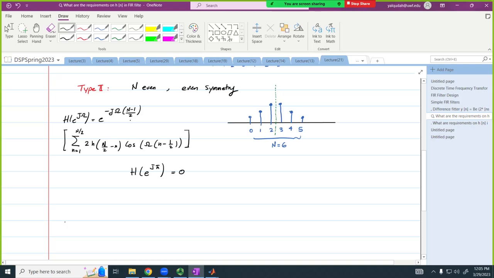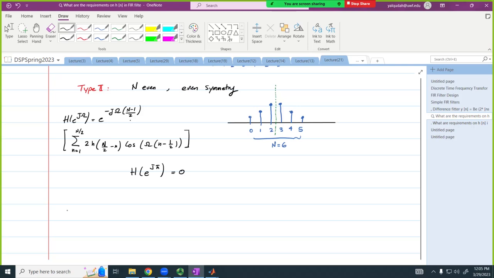So therefore, can we use this filter to design a high-pass filter or band-stop filter? Can we use this configuration and even symmetry to design a high-pass filter? We cannot. Why?